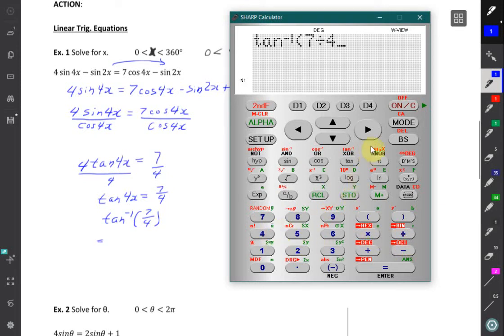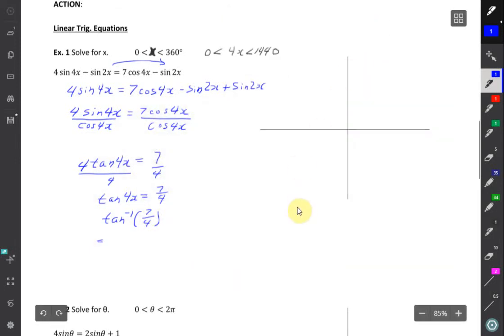And this is in degrees, looking at the information in the question here, and my calculator is in degree mode. So that gives me 60.2 degrees, 60.3 degrees rounded. Let's round this to the whole number just to simplify our calculations. So we're going to round this to 60 degrees. So this is approximately 60 degrees.